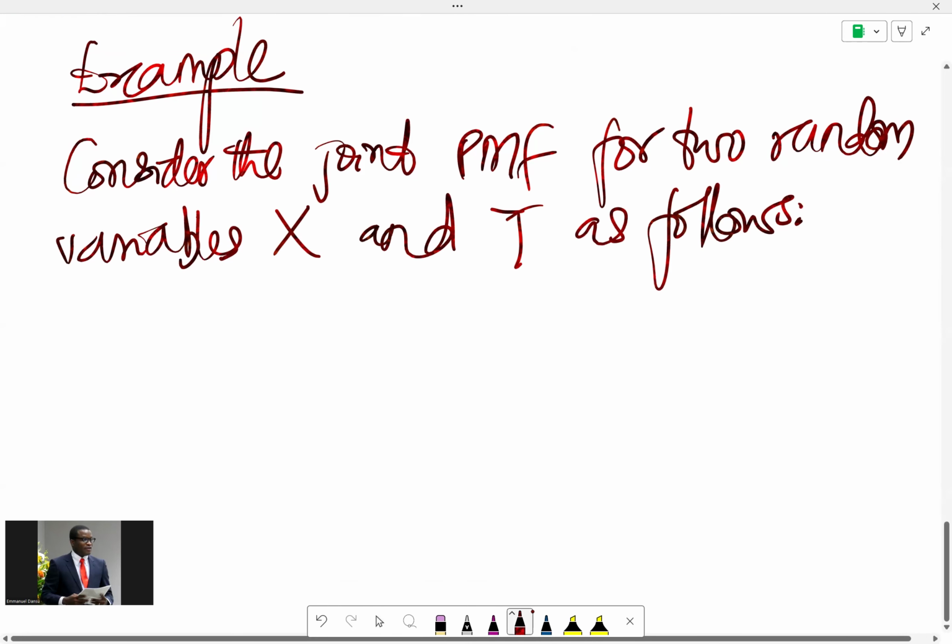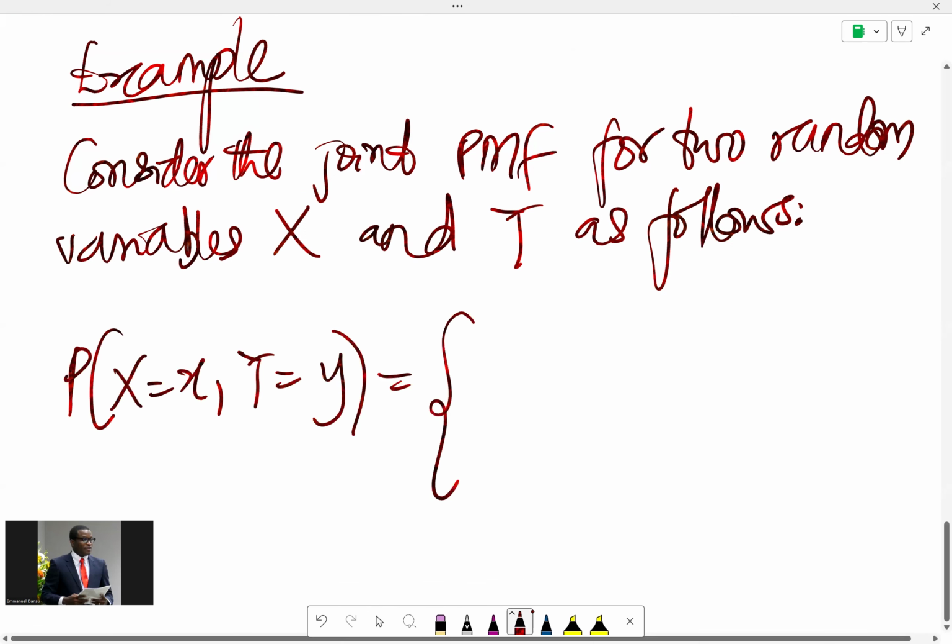The probability that X is equal to x and Y is equal to y equals 0.1 if x, y is 0, 0.